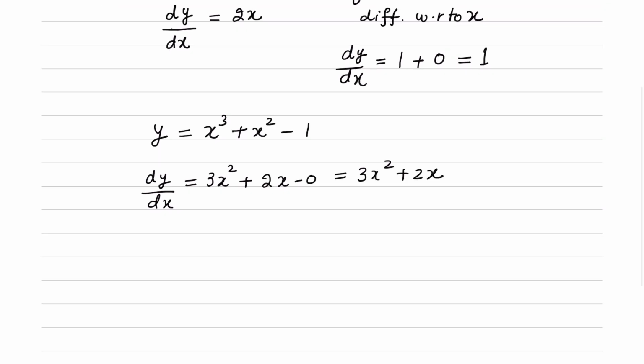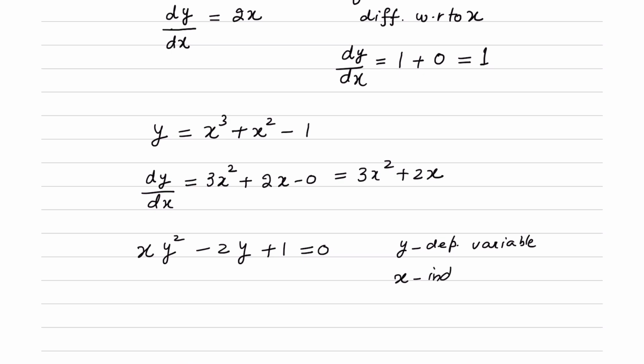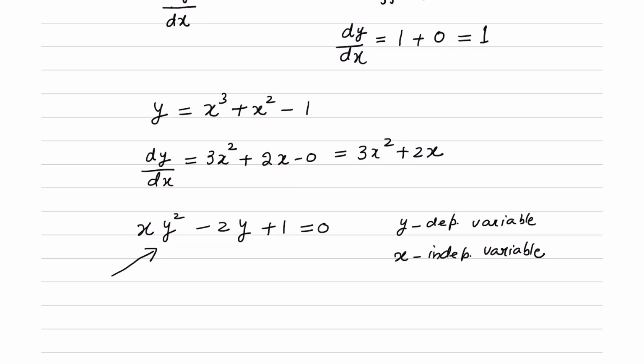Now if we have an expression like this, and we know that y is the dependent variable and x is the independent variable, this kind of expression where y is not written explicitly in the form of x is called an implicit expression.